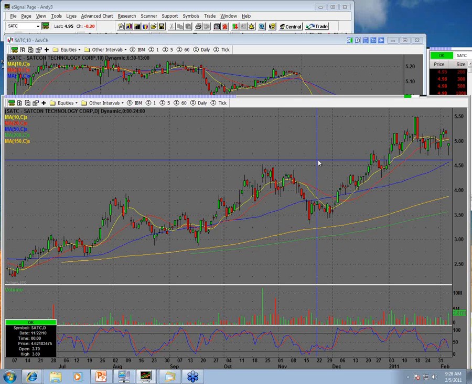So I think you have to realize that the designers of these algorithms, these seek and destroy programs or whatever, they understand. They're looking at humans, and where would a human put their stop? If they're looking at this chart technically, well, this is a good level down here, and not only am I going to take it there, I'm going to take it 4 or 5 cents lower, and in some cases, depending on the volatility of the stock, it may be 30 or 40 cents lower.